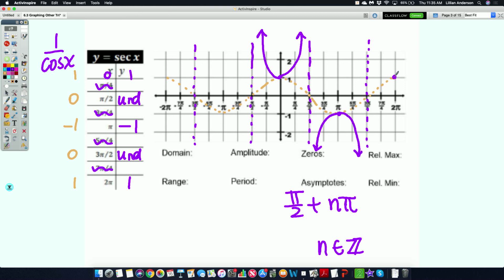Here, I'm at a maximum, so I'm going to point up, and I'm only going to do the half. I don't have the rest of the graph. At negative pi, the graph of secant is going to point down. And at negative 2 pi, the graph of secant is going to point up. So in the purple, you have your graph of secant x.